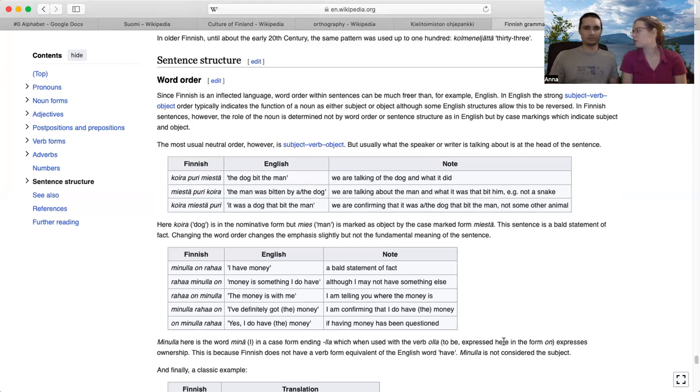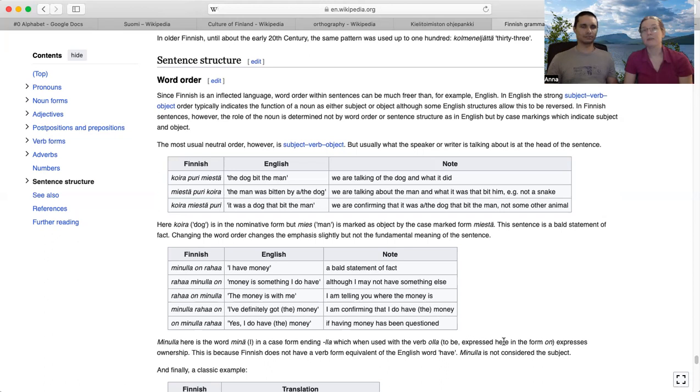Yeah, it can also be puri miestä koira. It's possible. It's not a mistake. It just sounds really weird and poetical, like someone's trying to be poetic while being drunk. Puri miestä koira. Like some kind of Master Yoda. Yeah, you can put it in any order, but SVO is the most natural one.